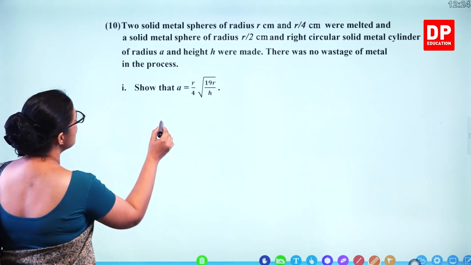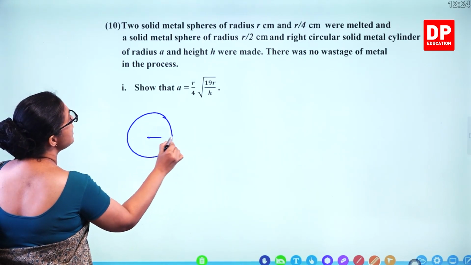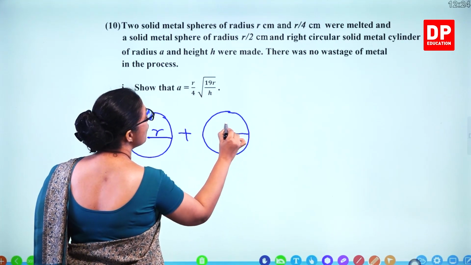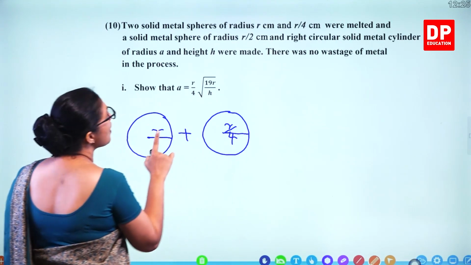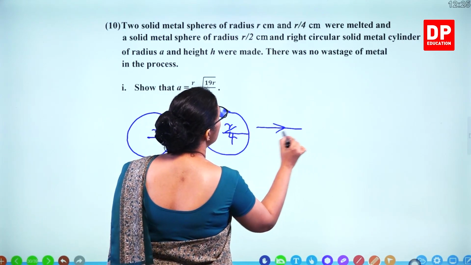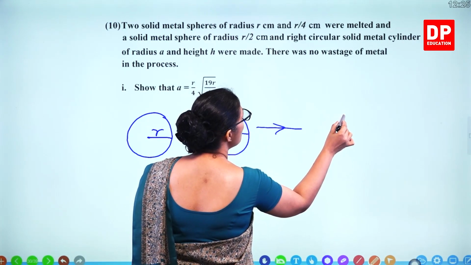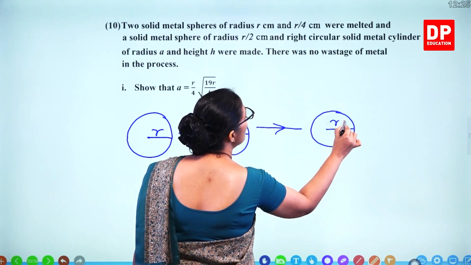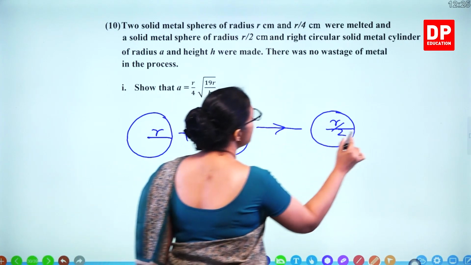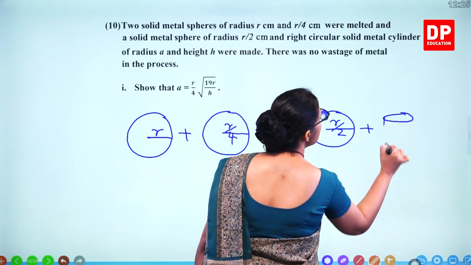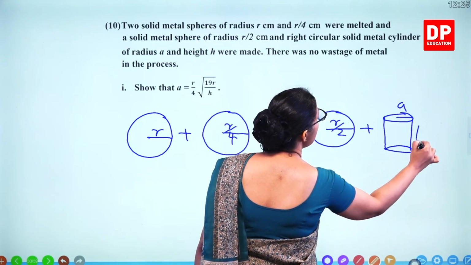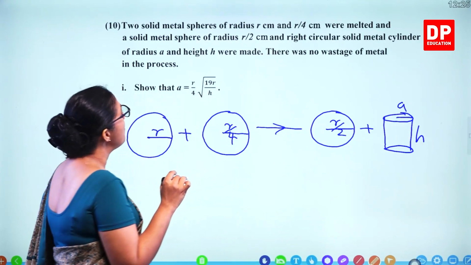Two solid metal spheres of radius r and radius r over 4 were melted, and a solid metal sphere of radius r over 2 and the right circular cylinder with radius a and height h were made.